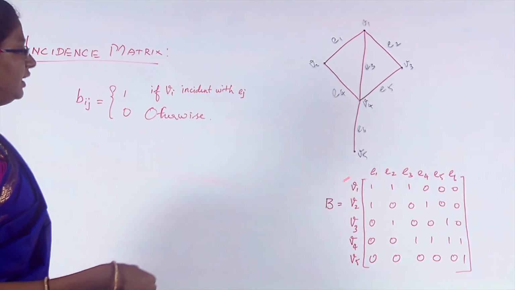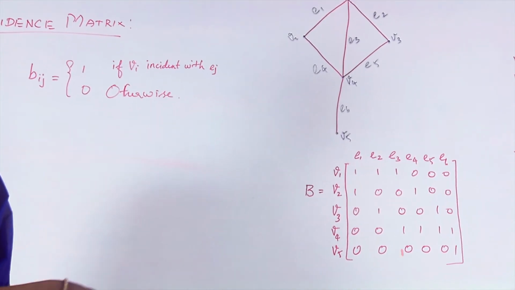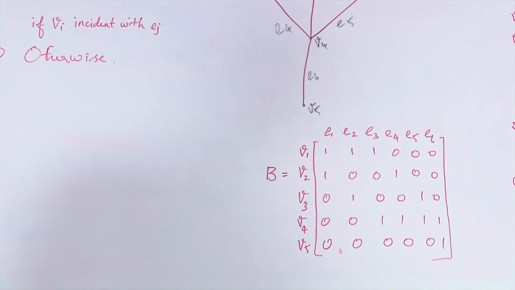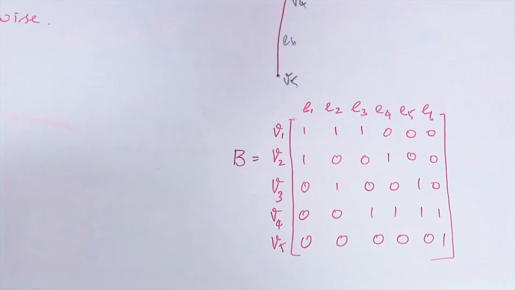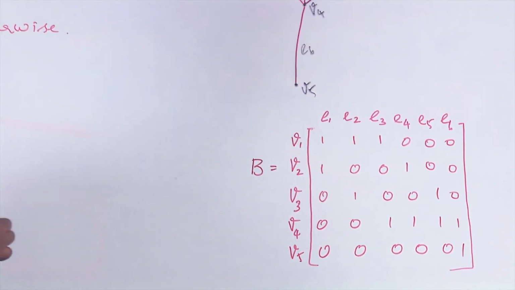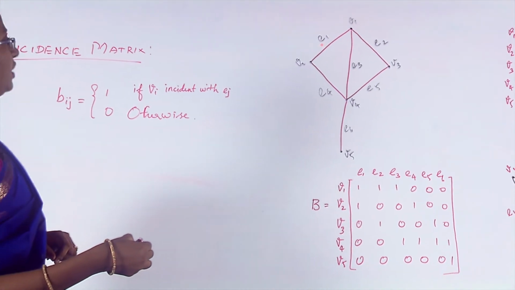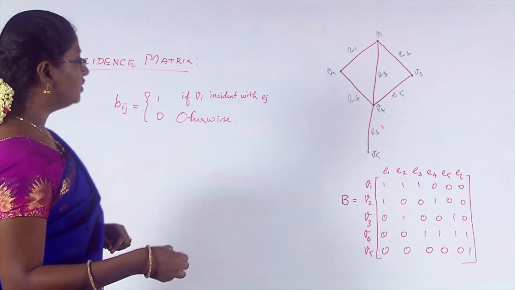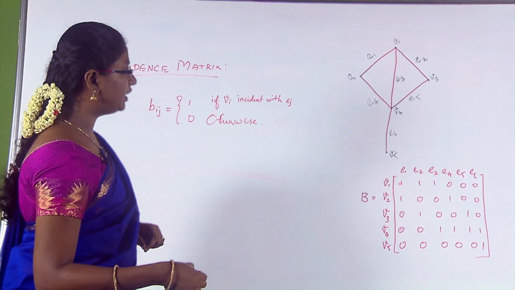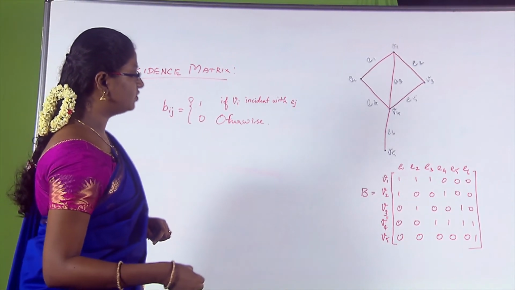Similarly, we can find this incidence matrix by focusing our attention on the columns. For example, the first column corresponds to the edge E1. As we know, a single edge is incident on 2 vertices, here V1 and V2. So in the first column only 2 entries will be 1, that is V1 and V2, and the rest of the entries are 0.